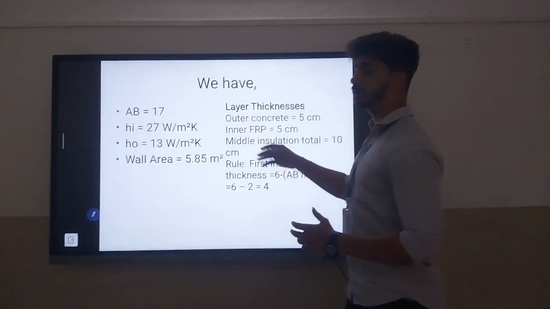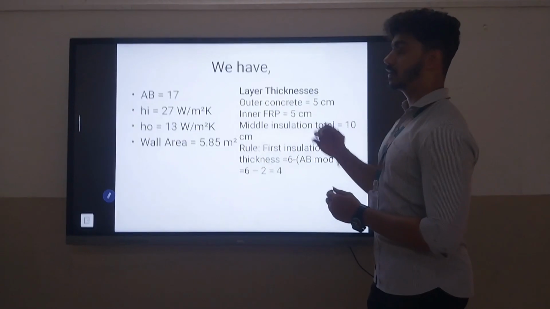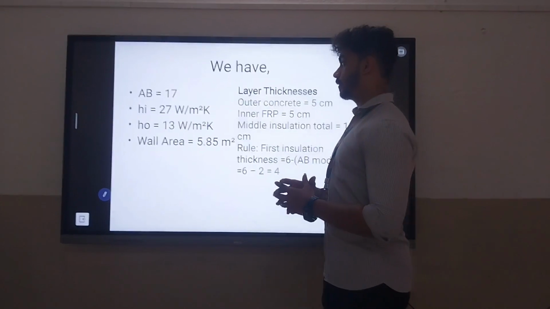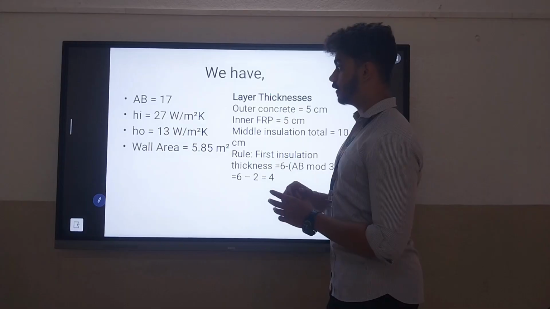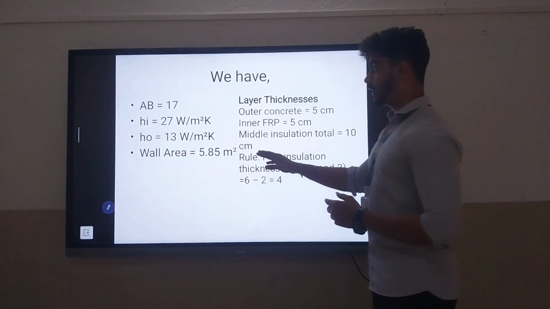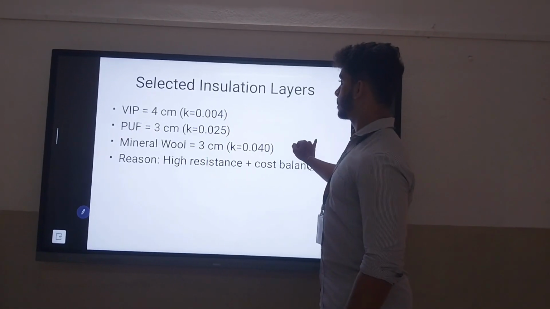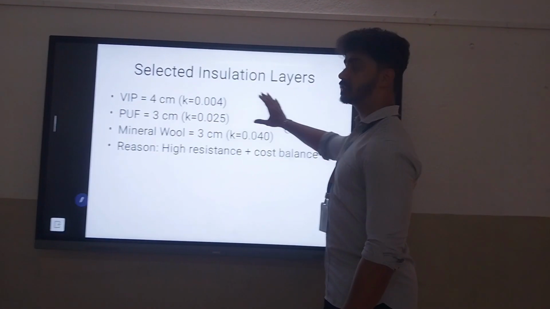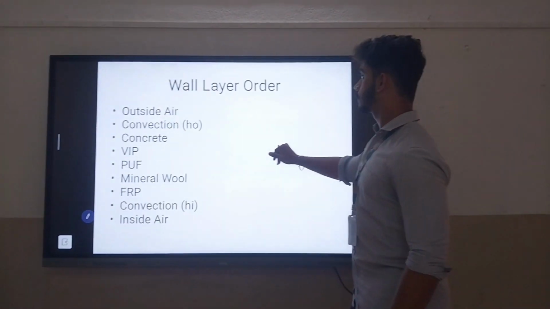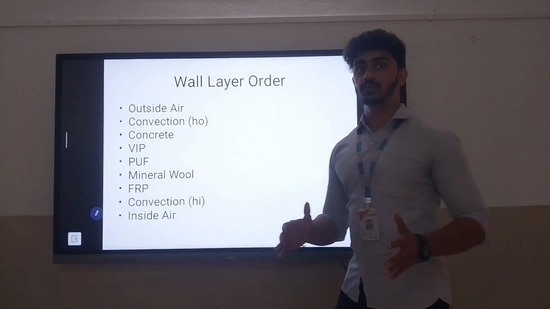So these are the parameters we know till now: AB is 17, heat inside is 27 watt per meter square Kelvin, heat outside is 13 watt per meter square Kelvin, and wall area is 5.85 meter square. So these are the selected insulation layers, and this is the order in which our wall is going to be fit.